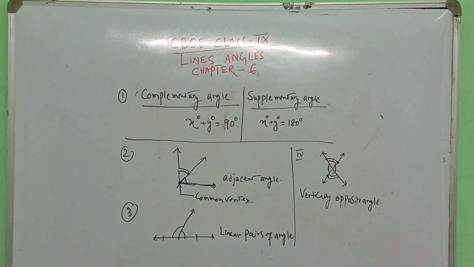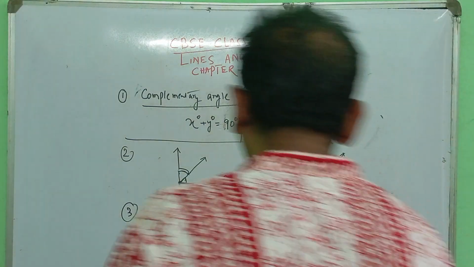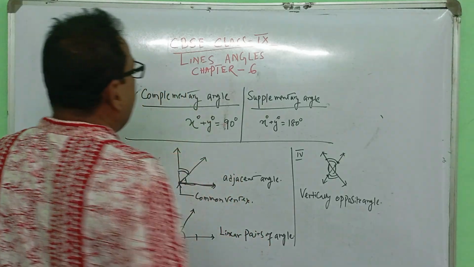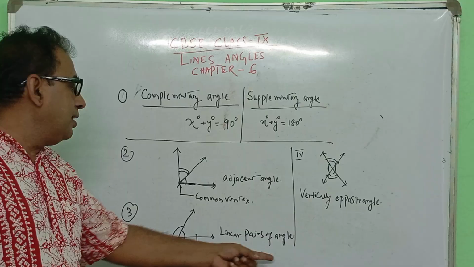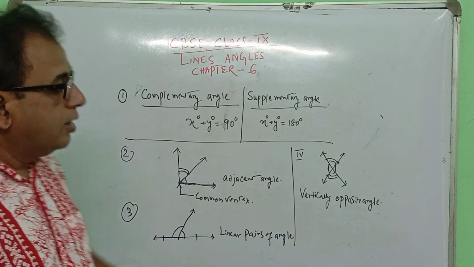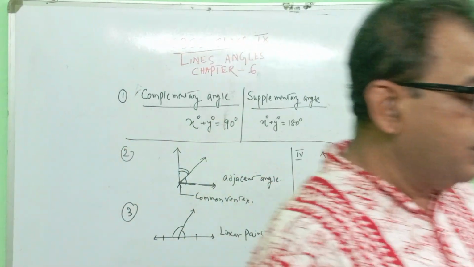Is this clear? Now after doing that: complementary angle, supplementary angle, adjacent angle, linear pair of angles, vertically opposite angle.